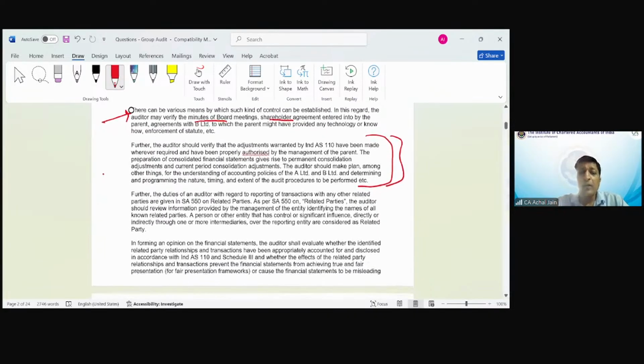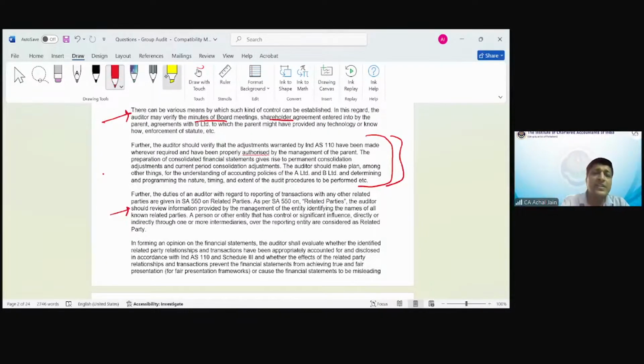Another point could be in relation to related parties. The auditor should review information provided by the management identifying the names of related parties. Because through that listing, the auditor will also get to know if there is any other entity that should also be forming part of this group or not.